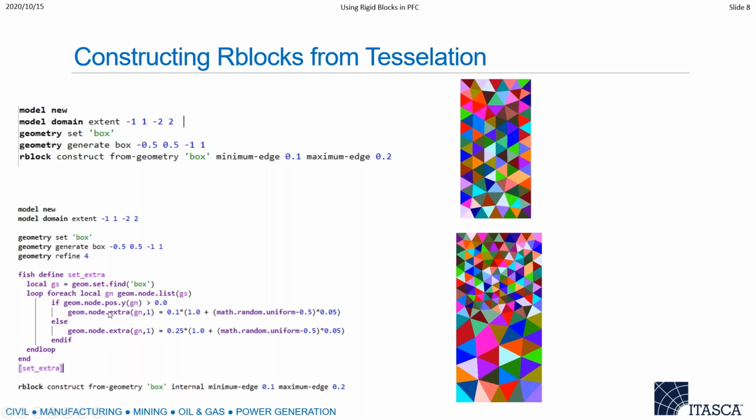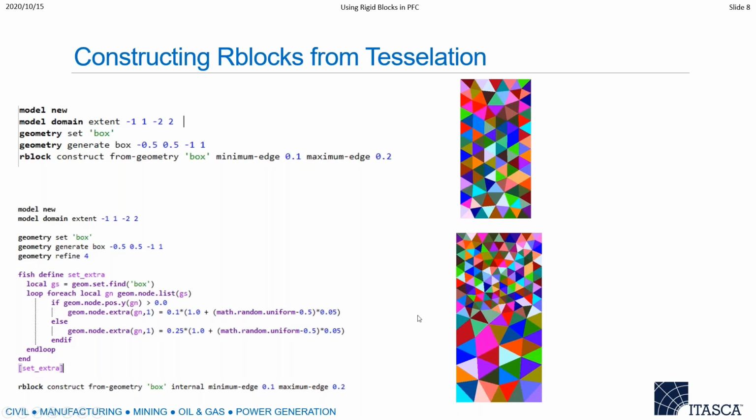And then you can assign a double value to the extra one of those geometry nodes that will inform PFC about the approximate size of the elements you want in this region of space close to this geometry node. So here in this case, for all the nodes that have a positive y value, so the top part of this model, we gave a size distribution that we wanted with some randomness.